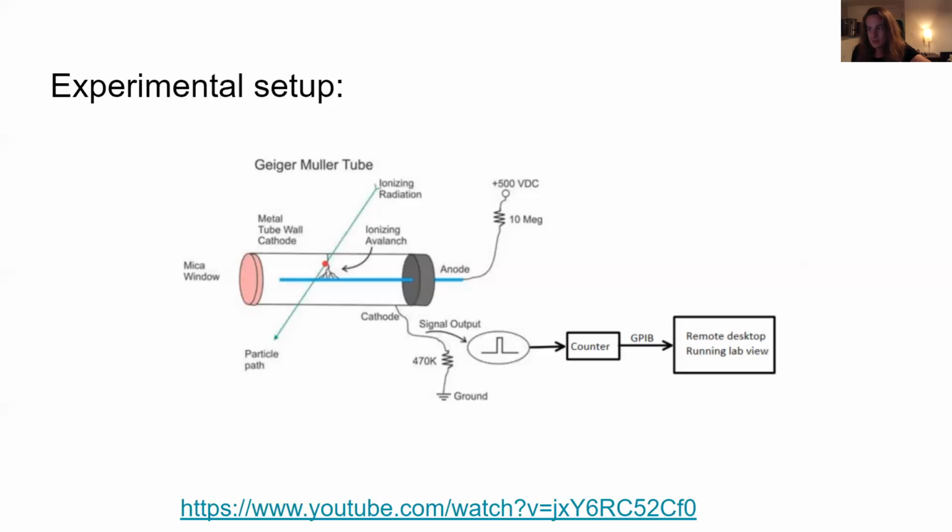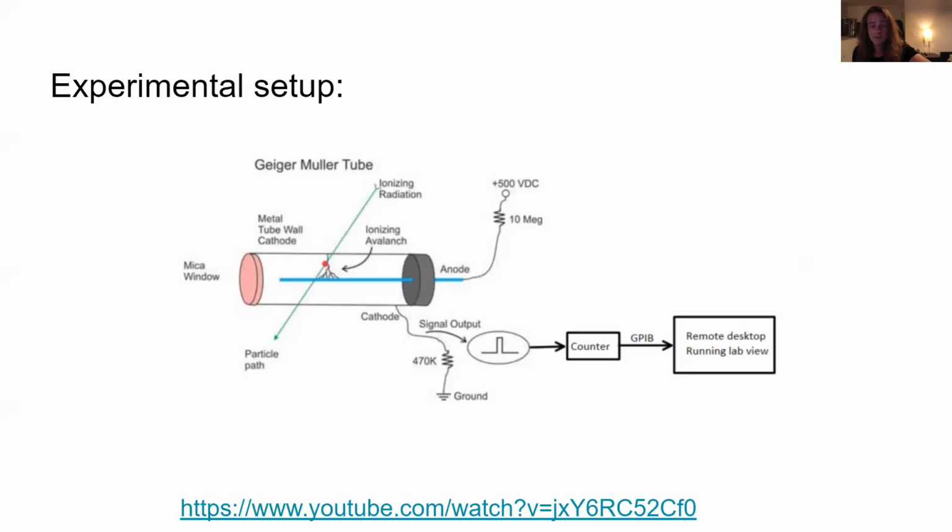And when this occurs, the negative particles that were accumulated on the cathode essentially want to recombine in the center. And this creates a voltage difference here, or I should say a current pulse, really. It creates a current pulse through this 470K resistor.